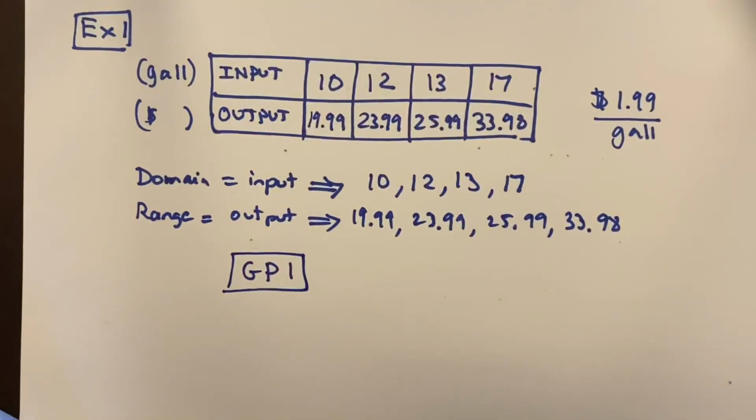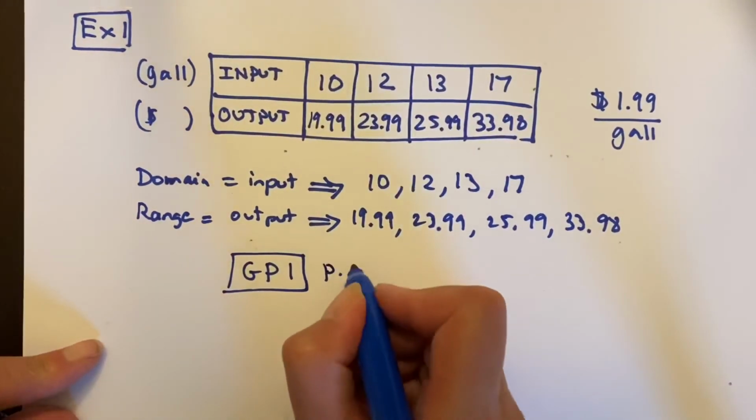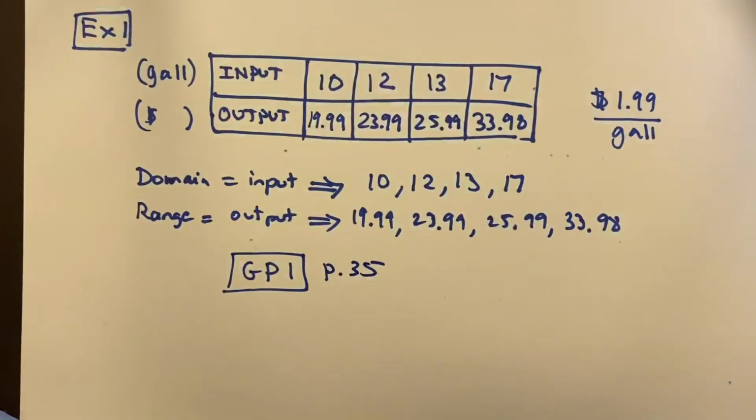And this is on page 35. I want you to do number 1, which asks you to identify the domain and range of the function. Pause the video, do that, and then pick up in a minute because I'm going to do mapping diagrams next.